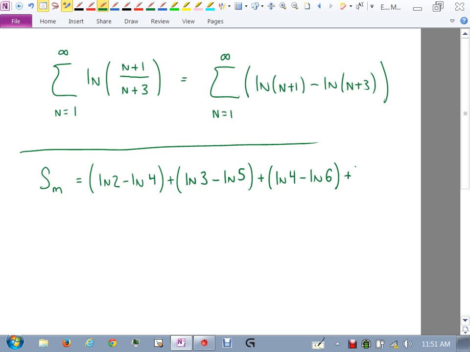Let's see, do I need another one or do I have a pattern yet? Yeah, I'll just do one more. Natural log 5 minus natural log 7 plus. So it appears to me that the second terms kill off first terms, but 2 sets away, right?